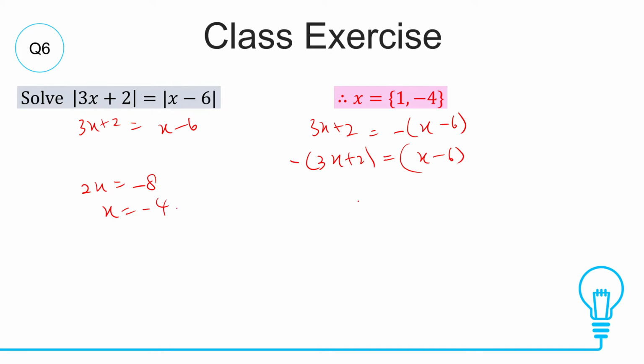And how about this one? I use the second one, negative 3x minus 2 equals x minus 6. So I shifted: 4x equals 4. Am I correct? Shifted here is 4x, this one is 4, so my x equals 1. And this one, no need to do the checking because both sides are absolute.